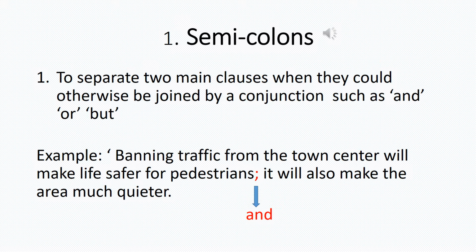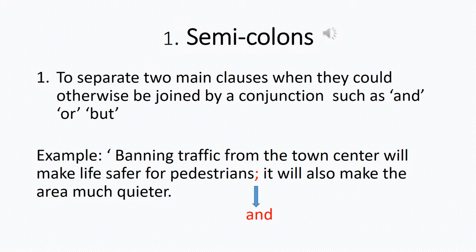To avoid this repetition, to make a good impression upon your examiner, you can sometimes use this technique of using semicolons, and it can make a good impression about you on the examiner.